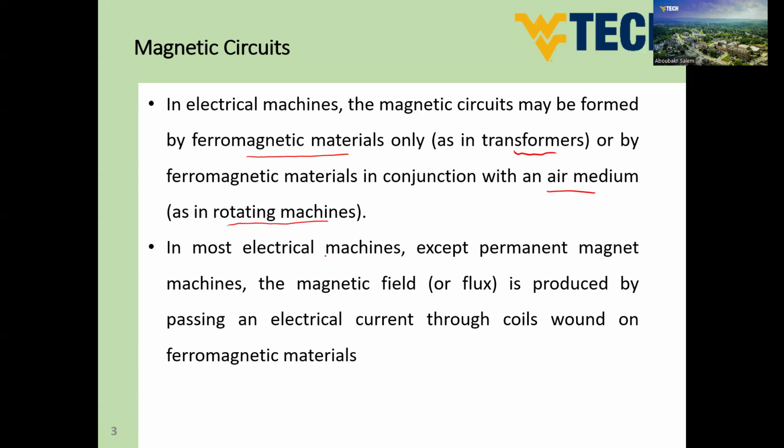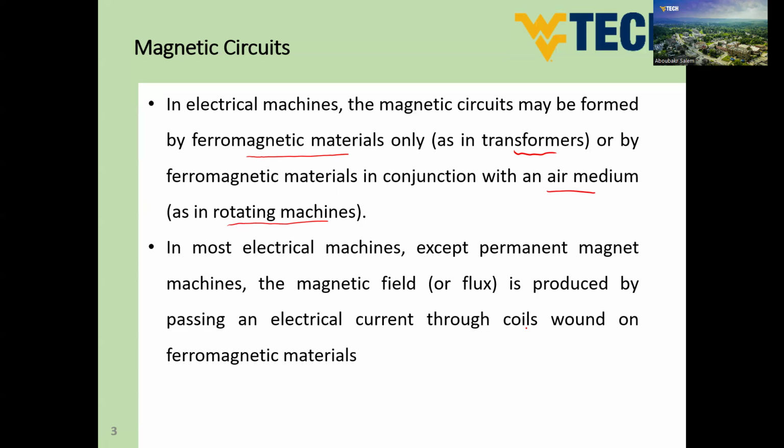Also, in most electrical machines, except permanent magnet machines, the magnetic field or flux is produced by passing an electrical current through coils. So this is called an electromagnet. So we have permanent magnets and electromagnets. A permanent magnet has stored magnetic energy inside. So it's permanent. It's working and can attract metals, as we will see in the next couple of slides.